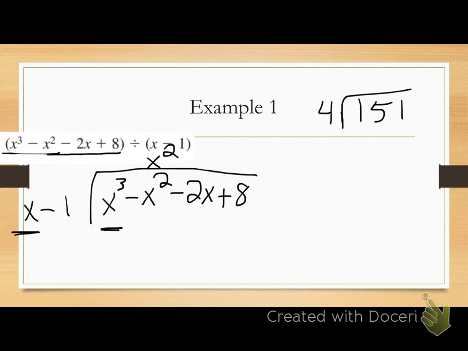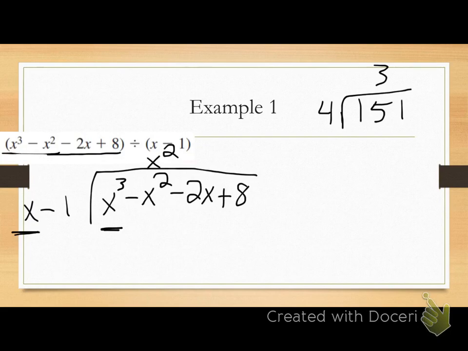I say, how many times is 4 going to 15? 3, so I put a 3 there. What do I do with that 3? Multiply by 4. So what do you think I'm going to do with this x squared? Multiply the x squared by this binomial, x minus 1, just like we would over here, okay?